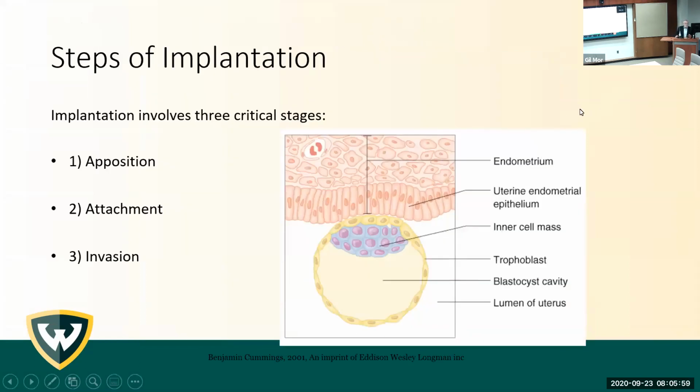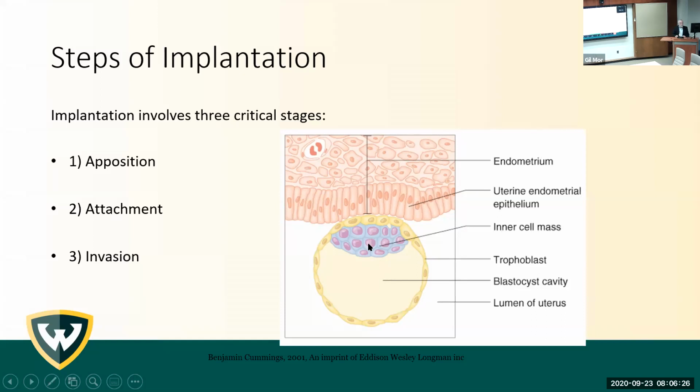The implantation process is defined in at least three stages. One stage is the apposition, where the inner cell mass is now looking towards the epithelium. There is the time of attachment, that is the physical interaction between the trophectoderm, the external layer of the blastocyst, and the surface epithelium of the uterus.